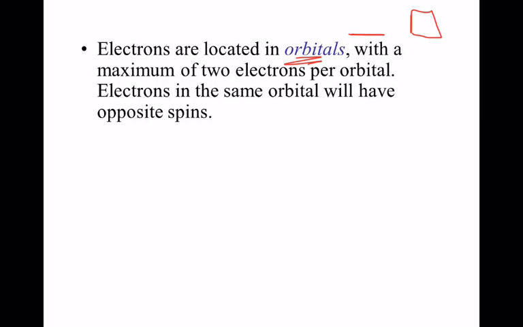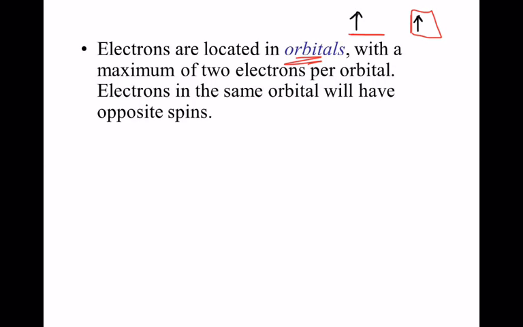Okay. The other thing I can tell you is that, if you've had a chance to look in your textbook about this, I think this is chapter 9, chapter 6? We use arrows to represent electrons. So that is an electron in an orbital, and this is an electron in an orbital.